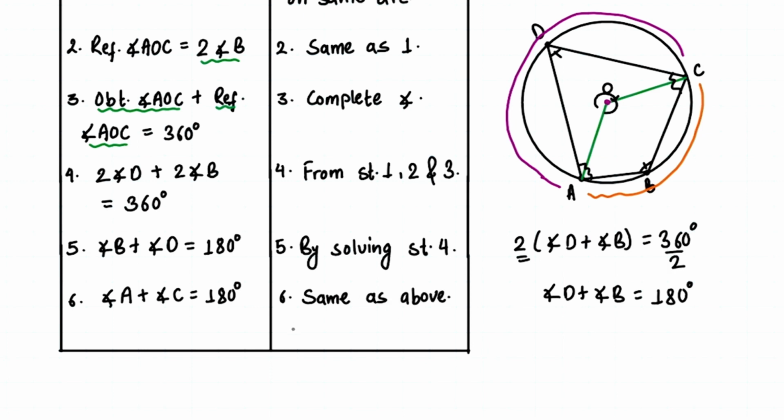You could write here by joining DO and OB as well, but it's not compulsory. And proved. We have proved our theorem. So the sum of opposite angles of a cyclic quadrilateral is 180 degrees, or you could say it's supplementary.